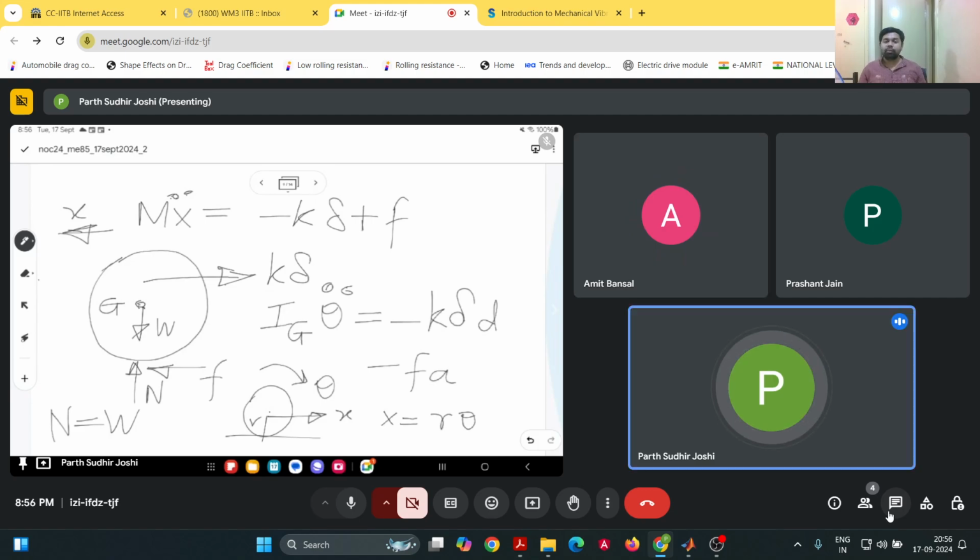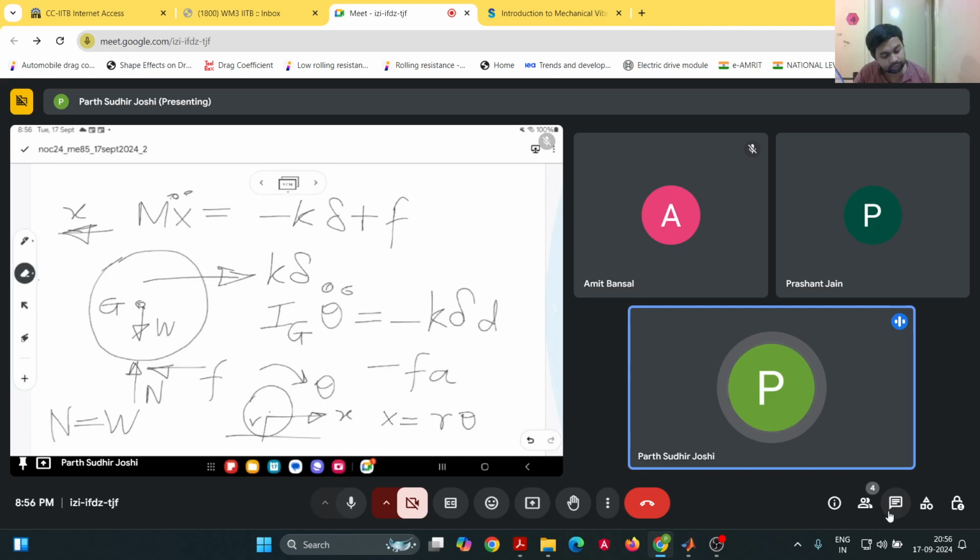No, when it is rolling without slipping, x is exactly equal to r theta. Now if it is slipping, then x can be greater than r theta. So this is the condition that we invoke in this case.